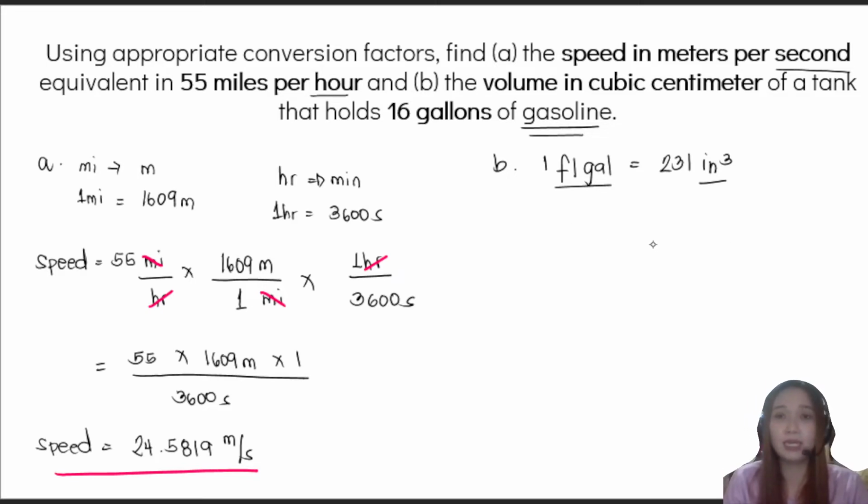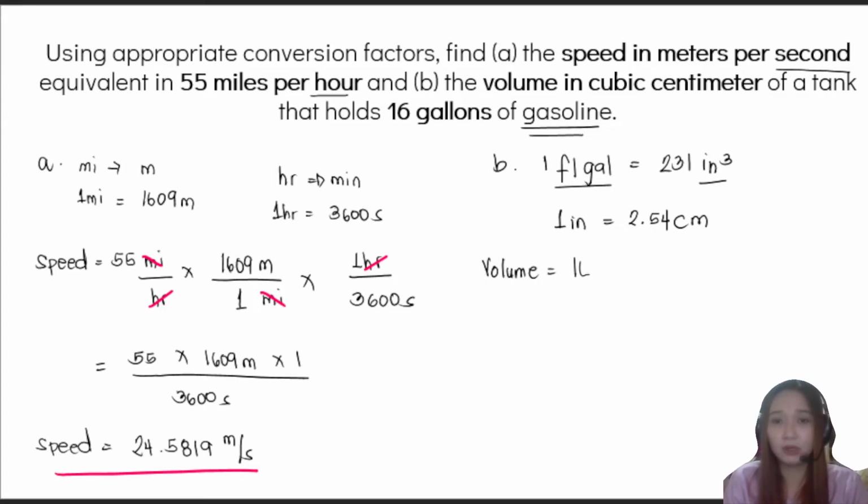That's why we did not go directly from 1 fluid gallon to centimeters. And then we convert 1 inch to centimeters, which is equal to 2.54 centimeters.